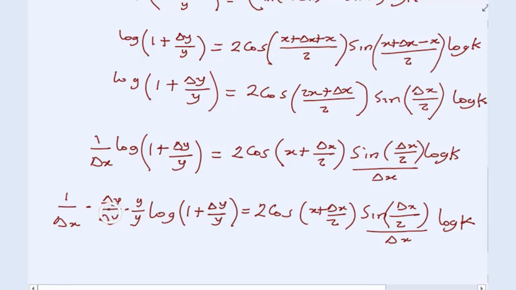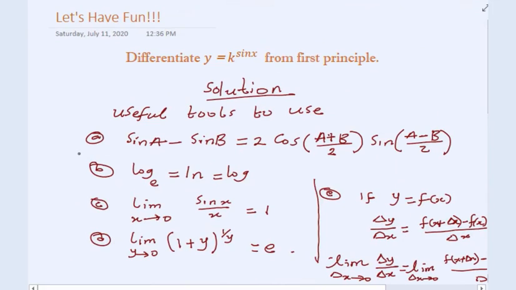So why I added this one is because I want to do something. I want to write, because by the time I take limit, I want to write this one with log in this form: 1 plus 1 over y, everything raised to the power of y. That is what I want to do.